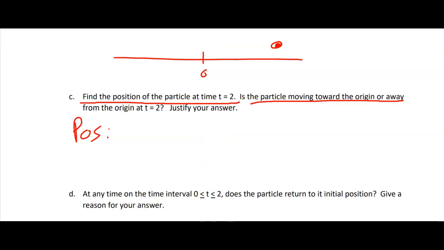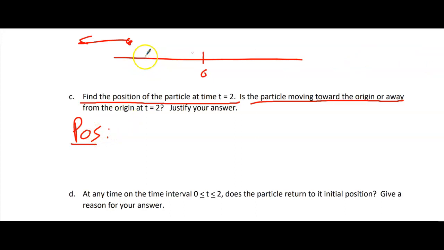But what if its position was here and it was still going left? Well, now it's moving away. So my point here is that you can't just know the position and have enough information to know whether it's moving towards the origin or not. You have to know the position and the direction it's traveling, both at once.